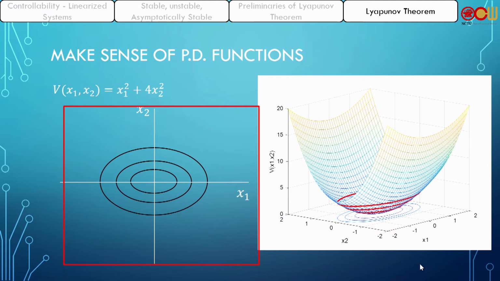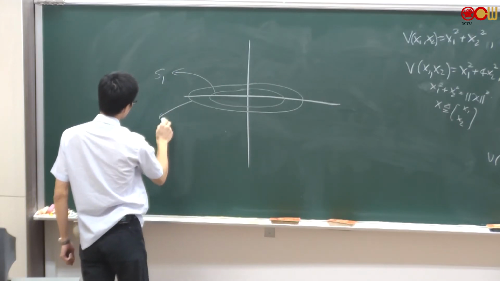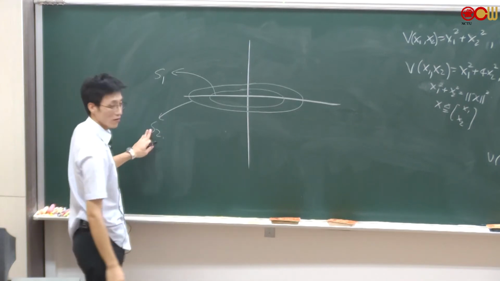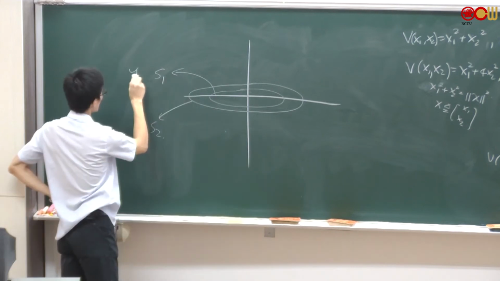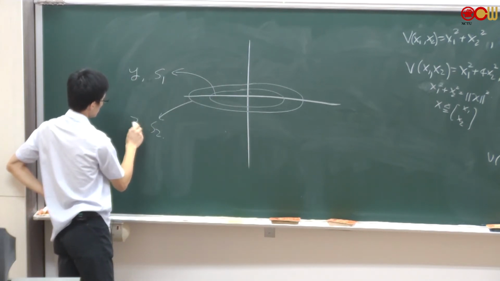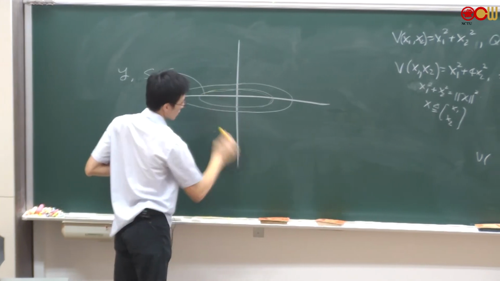But the distance from a point on any orbit to the origin is not always greater than that of a point on a smaller orbit. Okay? Let me give you a counterexample. This is S1. This is S2. Okay? Greater value of V, smaller value of V, and the arguments y, z, right? y is any point on the orbit.